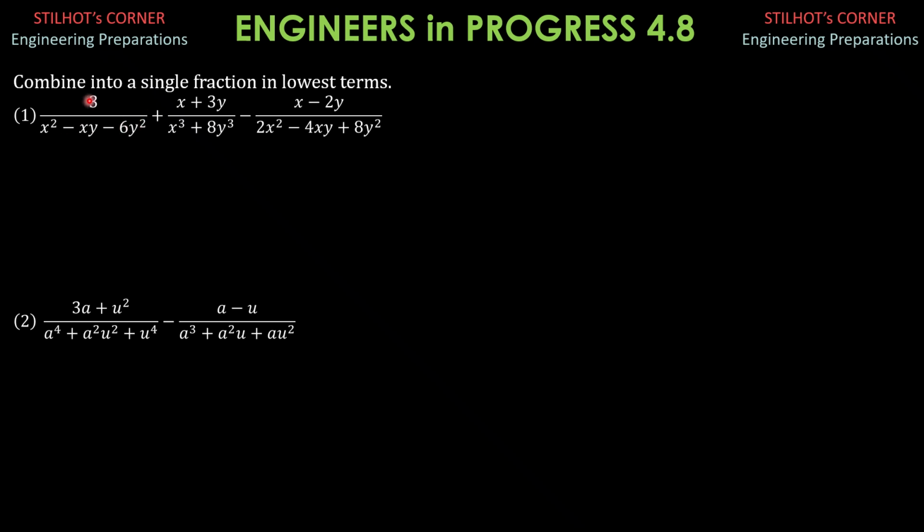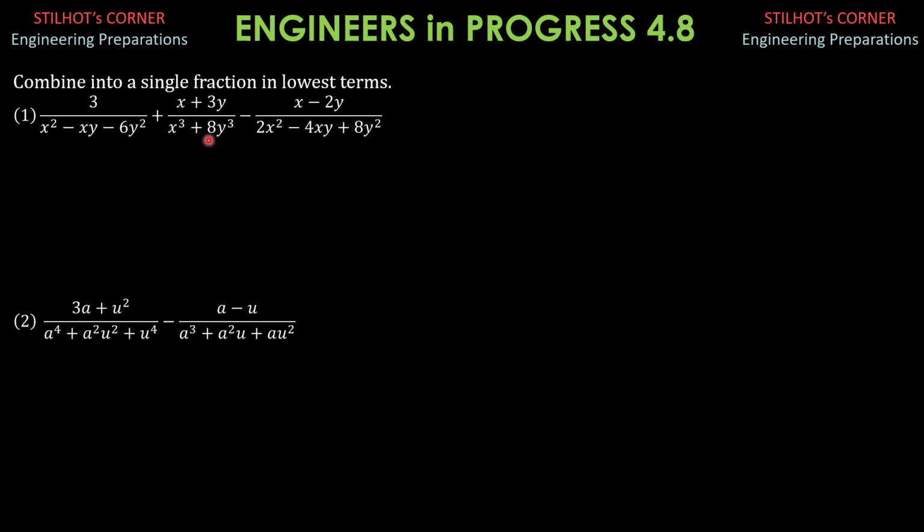So for this fraction, the first fraction, the denominator can be factored by trial and error, and it is equal to x plus 2y and x minus 3y, so that the middle term of the denominator would be negative xy.